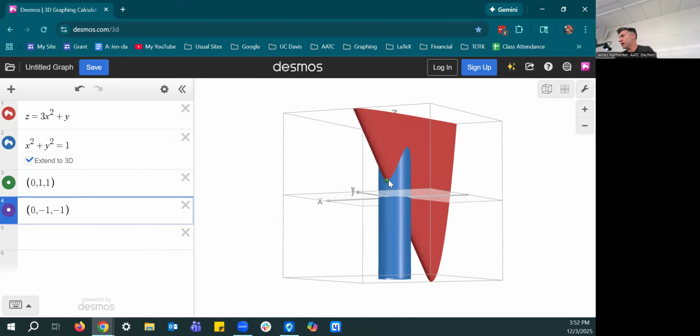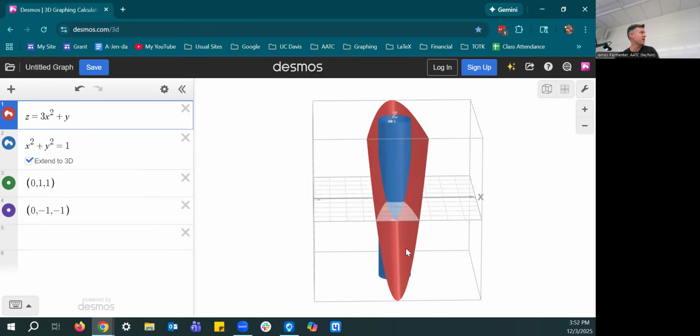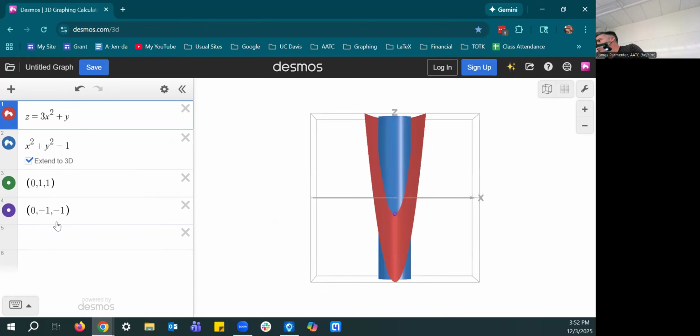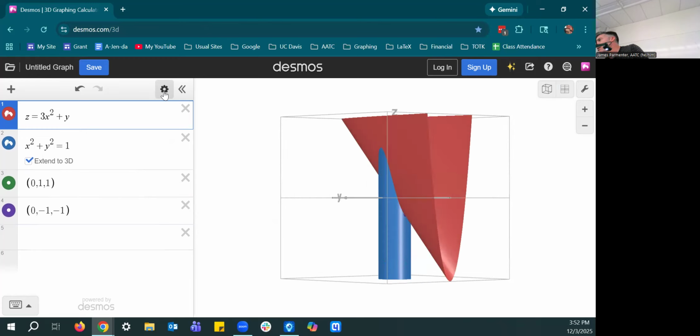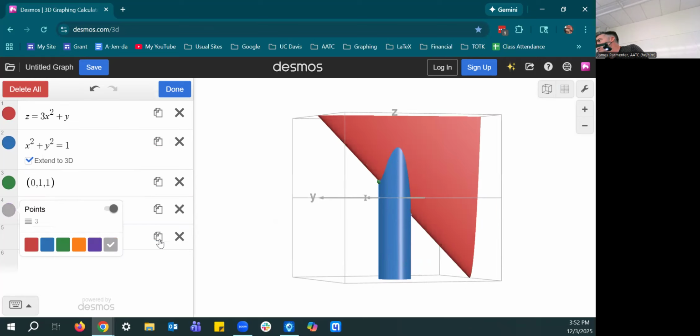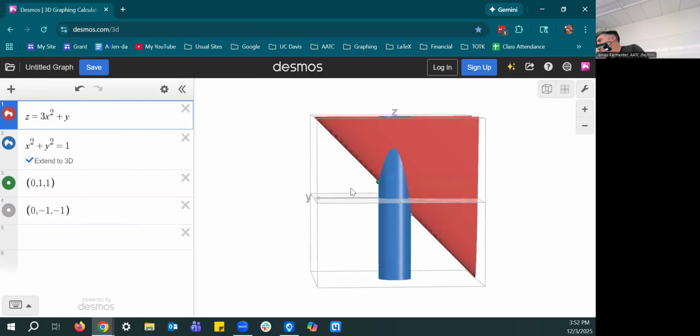So look, there's that 0, 1, 1 right there. And over here, can you see the point right there? Let's make that point a different color so we can actually see it. Now you can see that point right there.